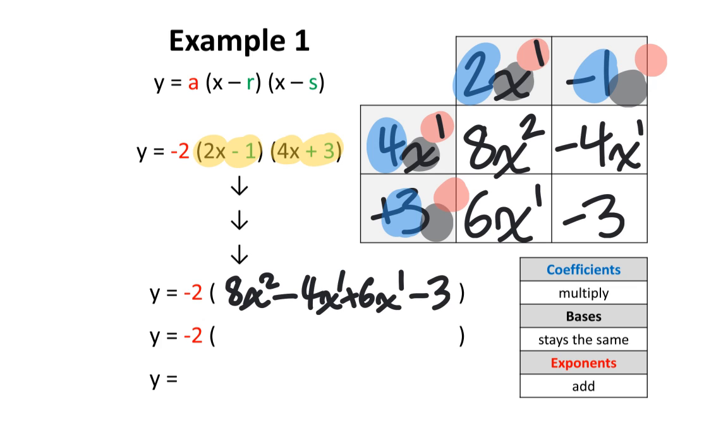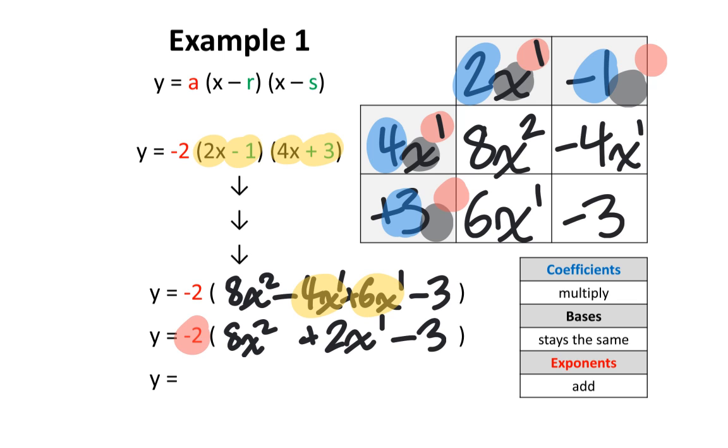Remember, like terms have the same base and the same exponent, which means these two terms are like terms. When combining like terms, you don't want to touch the exponents or the bases. So when I combine them, this is going to become positive 2x to the power of 1. 8x to the power of 2 stays exactly the same, and -3 stays exactly the same.